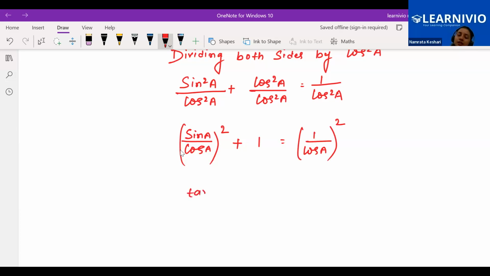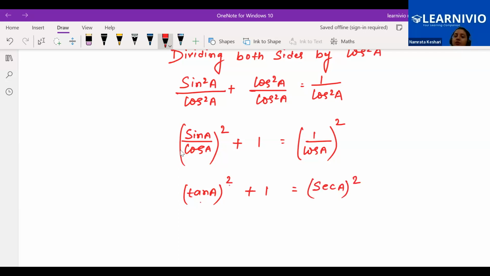So tan A, complete square, plus 1 is equal to 1 by cos, which is sec A, yes or no?